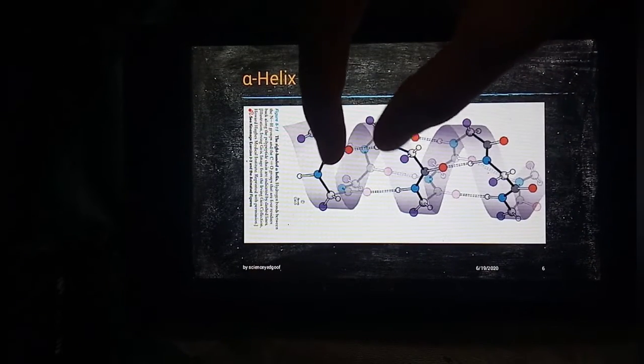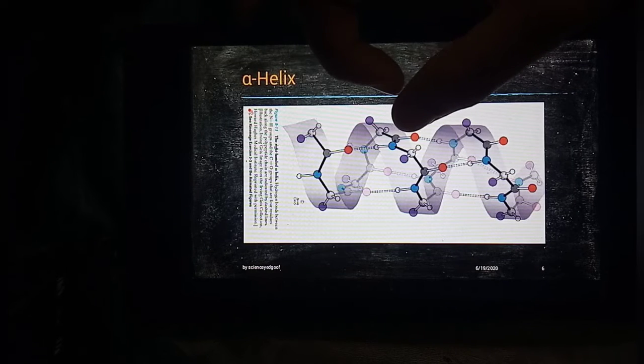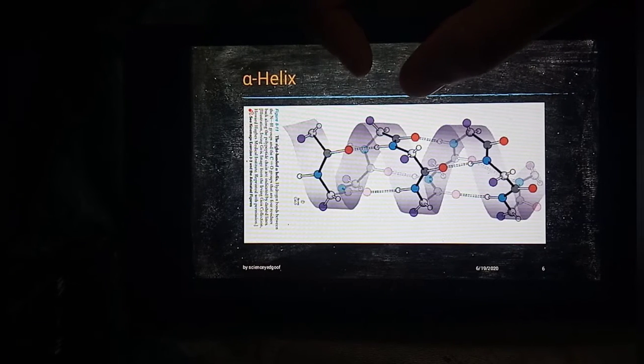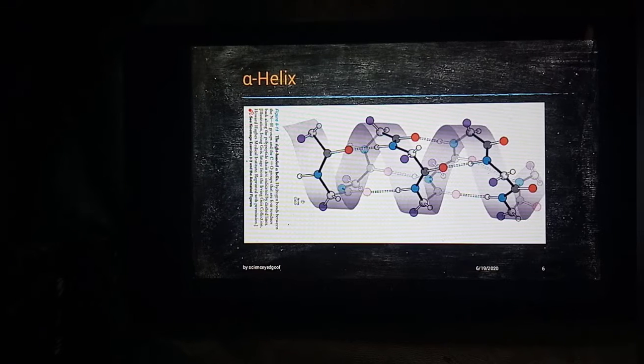The pitch, that is P, this distance, is 5.4 Angstrom. That is for the right-handed helix.